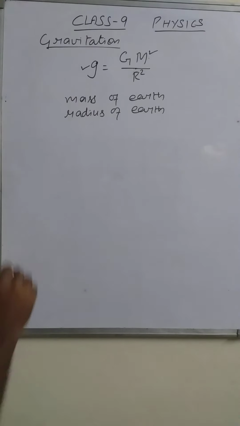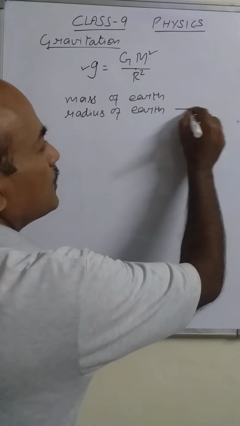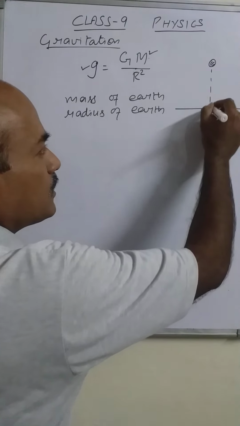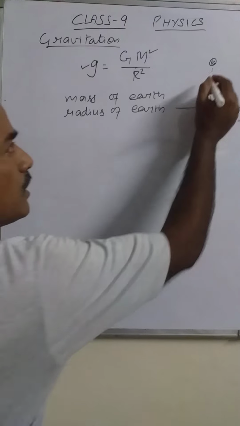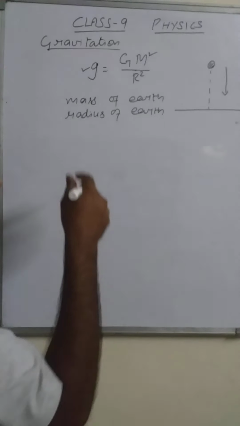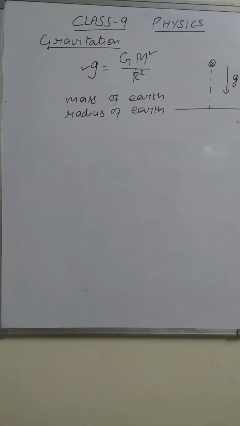So these are the two factors on which the acceleration due to gravity depends. If this is the Earth surface, and an object is placed at this much height, due to the gravitational force it is moving downward. While it is moving downward, the acceleration produced is known as acceleration due to gravity.